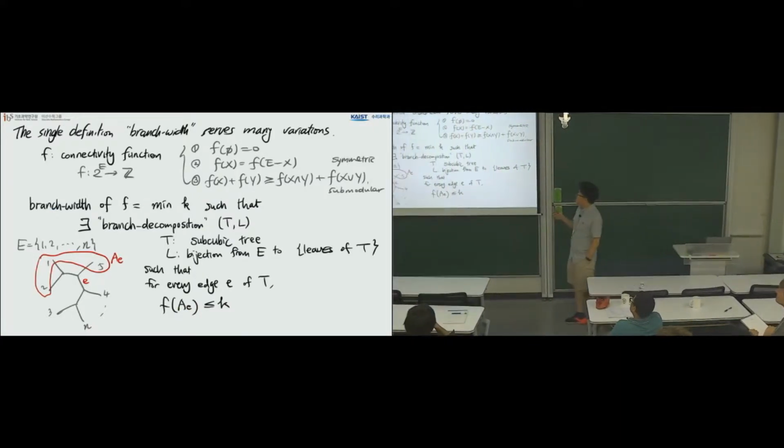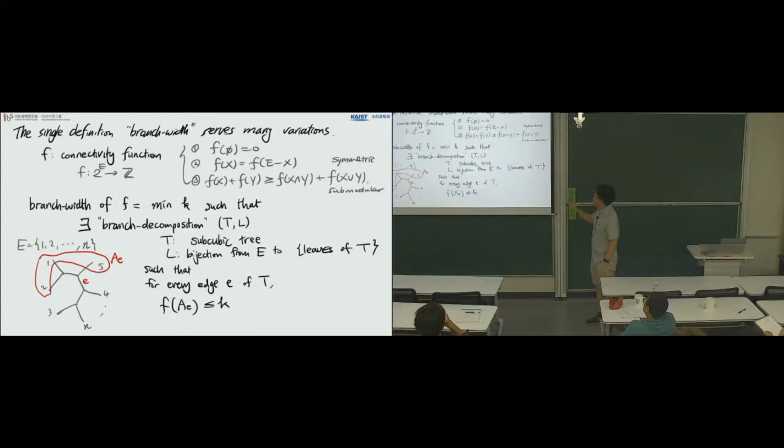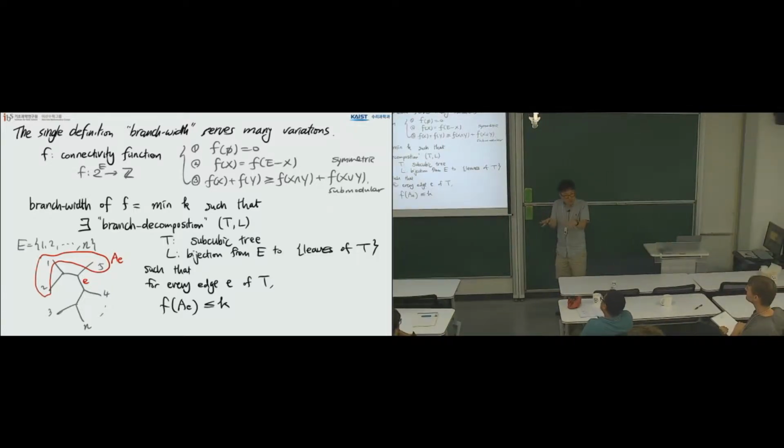So this is the definition of branch width, but perhaps I can just go through very quickly. You want to have a tree whose internal nodes have degree 3.